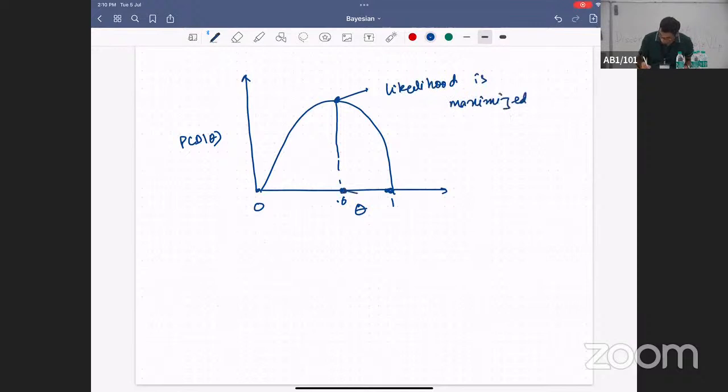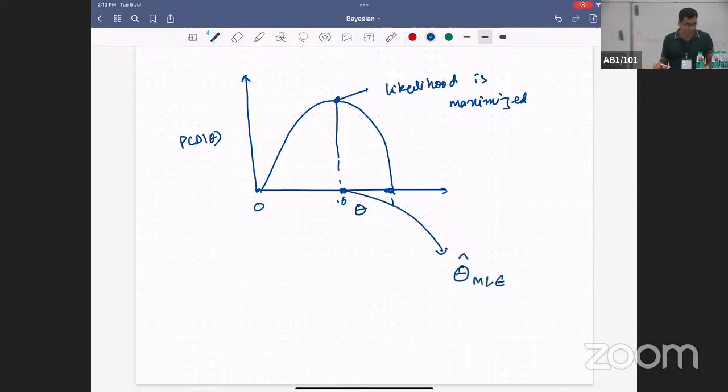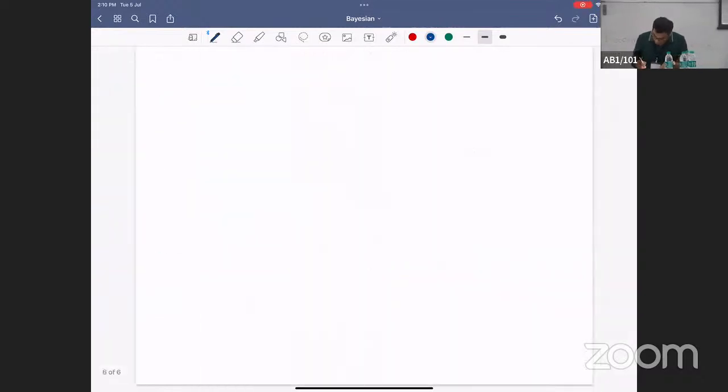And correspondingly, theta is known as theta hat, the maximum likelihood estimate, right? What we're saying is argmax over theta of P of D given theta.